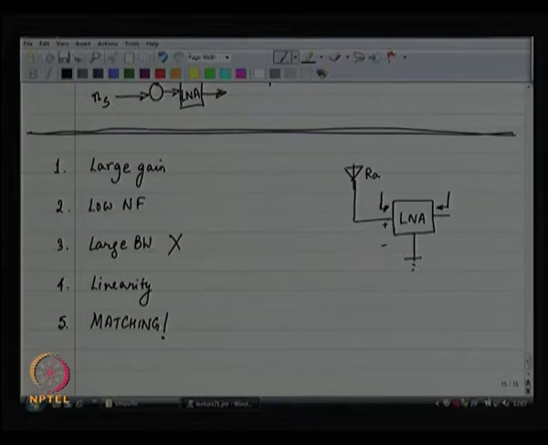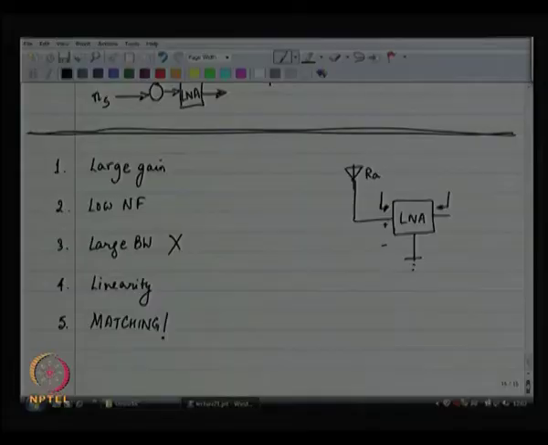So, both sides you need to do matching. Also, to conserve the shape of the signal, you would want to do matching over there. Okay. You can, is this right?